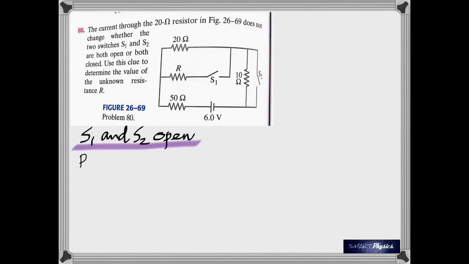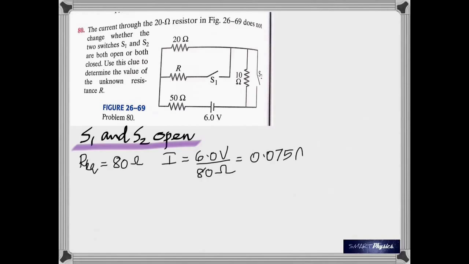If both are open, then surely the current can only flow this way. That puts 20, 50 and 10 in series. So the total resistance is 80 ohms, and you can find the current because it's just going to be 6 divided by 80.